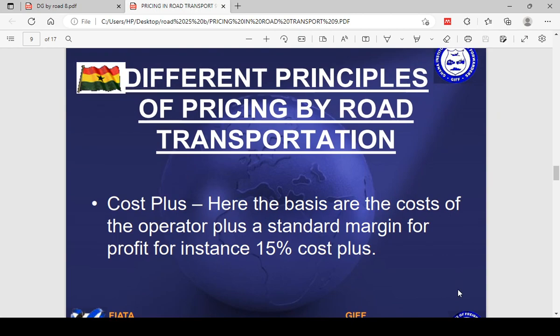So, there are different principles of pricing in road transport. We have what we call the cost plus. Here the basis is the cost of the operator plus a standard margin for profit, for instance, 15% cost plus will be applied.